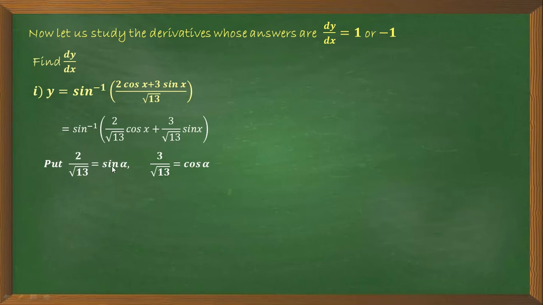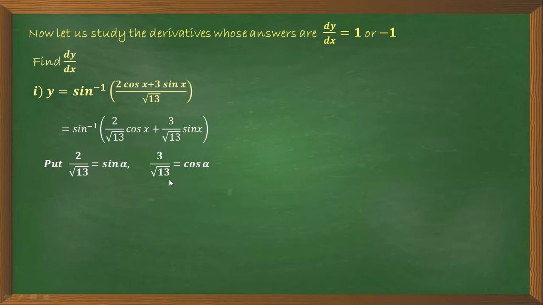See, the value of sine function and cosine function lies between -1 to 1, and 2 upon root 13 and 3 upon root 13 are less than 1. So for any angle, we don't know the specific angle, but for any angle sin alpha will be 2 upon root 13. Similarly, for that angle we get cos alpha as 3 upon root 13.